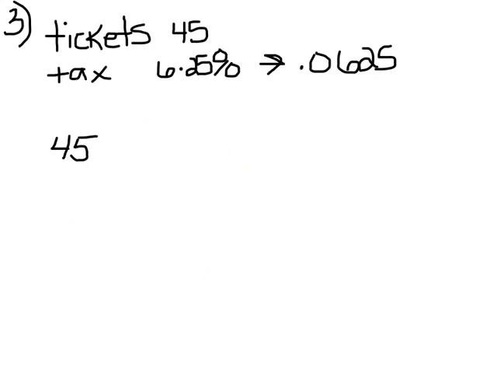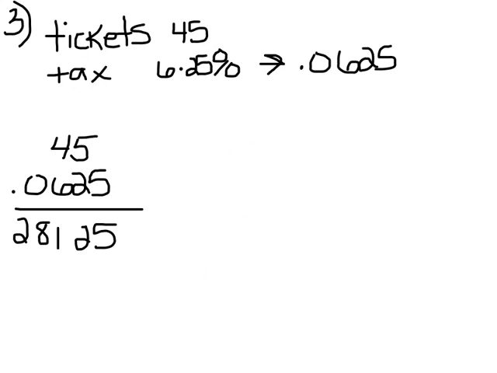$45 times 0.0625 gives us 28125. And we have 4 decimal spots here, which means that our answer will also have 4 decimal spots. So we'll be right here as 2.